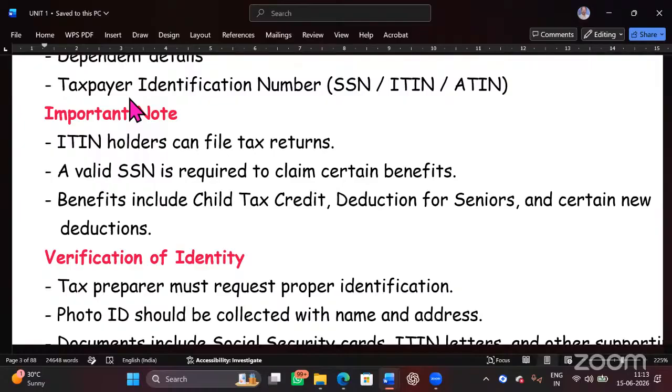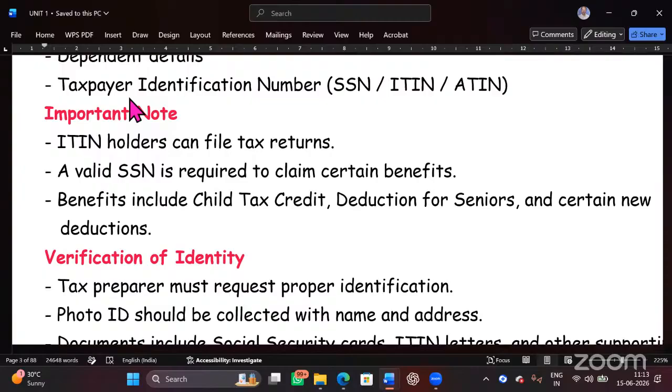In Schedule 3, we have 2 parts, Part 1 and Part 2. Part 1 covers non-refundable credits. Part 2 covers refundable credits. What is the meaning of a non-refundable credit? What is the meaning of a refundable credit? Everything we are going to cover very clearly in Schedule 3 in the subsequent chapter.